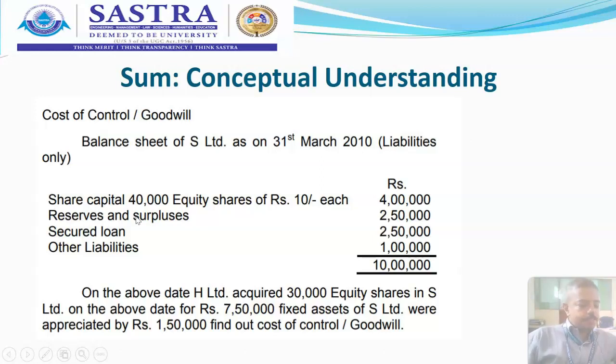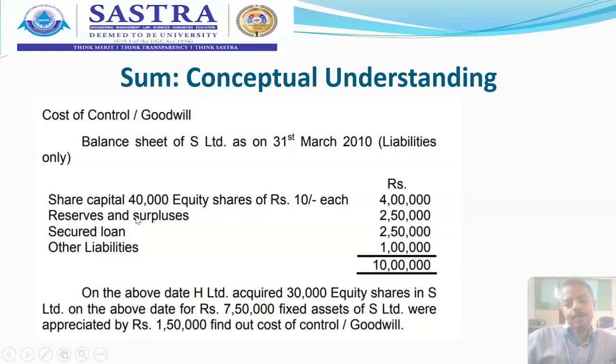Now take first, what is the cost of control? Cost of investment in the subsidiary company. Cost of investment, it is given in the question itself, 7,50,000. Now we need to subtract whatever portion we have acquired.